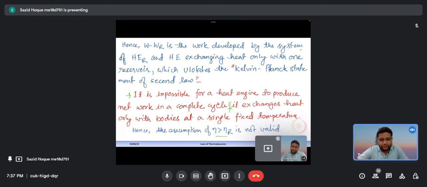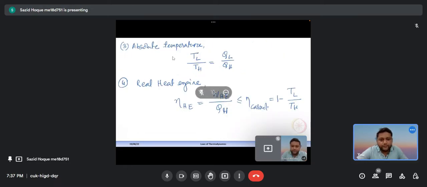So the proof goes like this, rather than using a lot of mathematics. In class we talked about how the absolute temperature ratio TL by TH can be defined in terms of QL by QH.